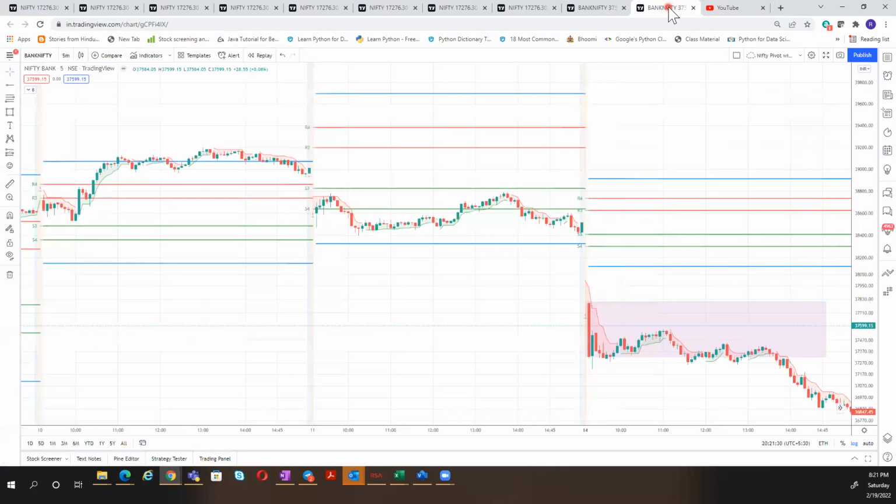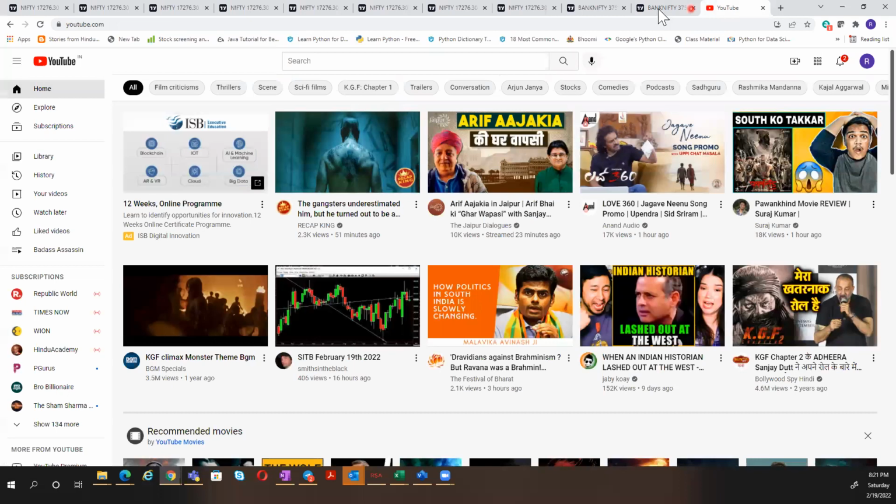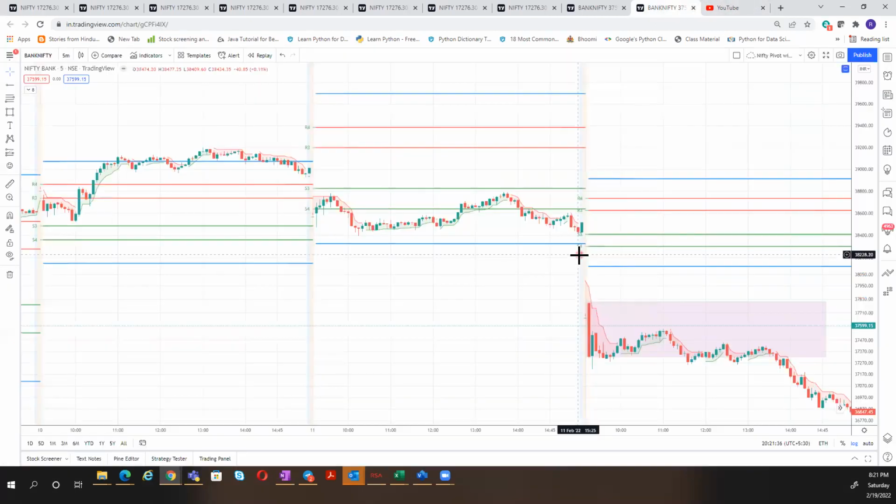There is something called Introduction to Camarilla Pivots. You can watch that. I don't want to waste your time, but I expect you to practice this. I have used this and I'm sure you're going to make money based on the pivot understanding, not just the super trend. My whole and soul of trading is pivot.